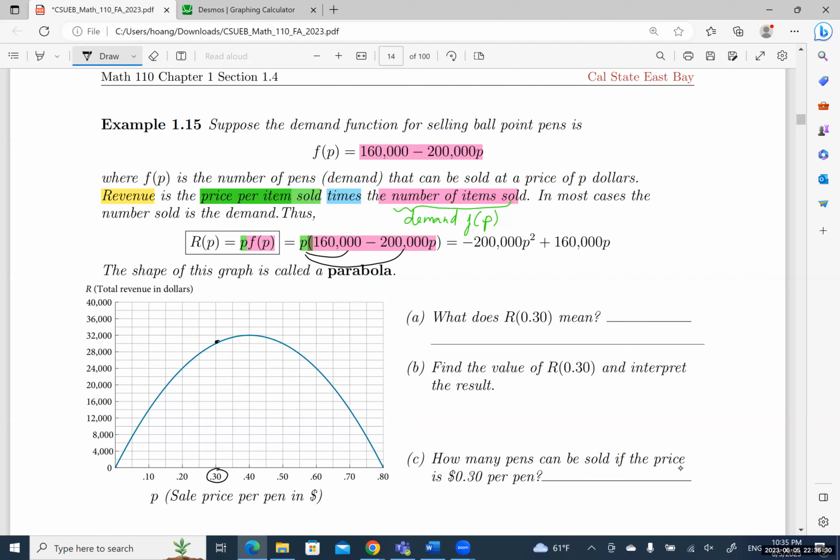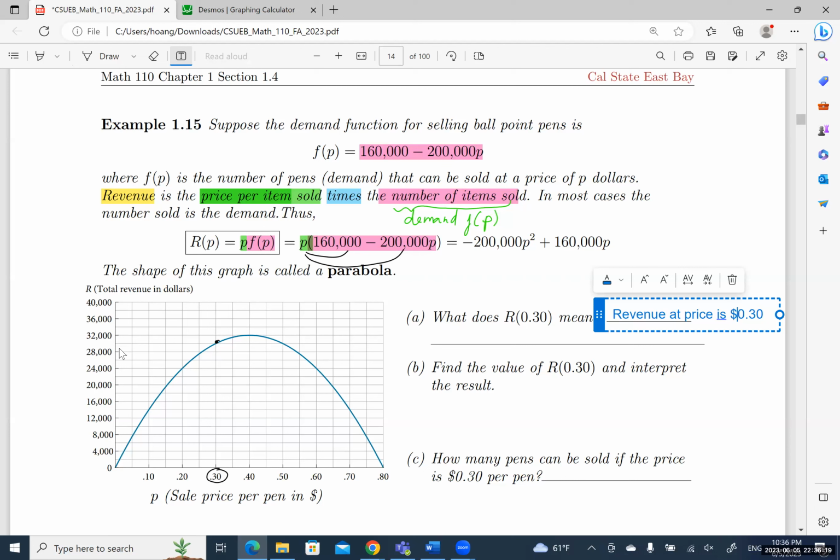The revenue and price is 0.30. We don't need to specifically know what that is.